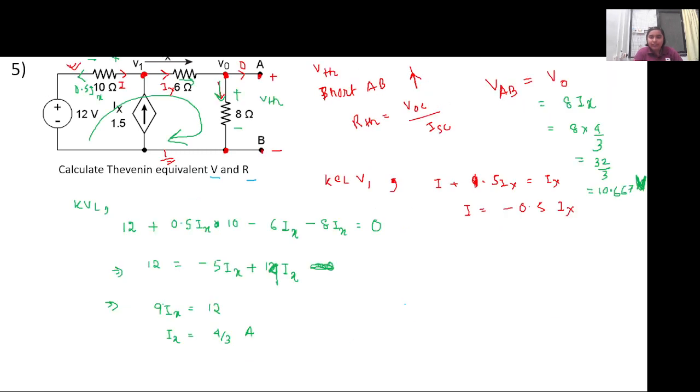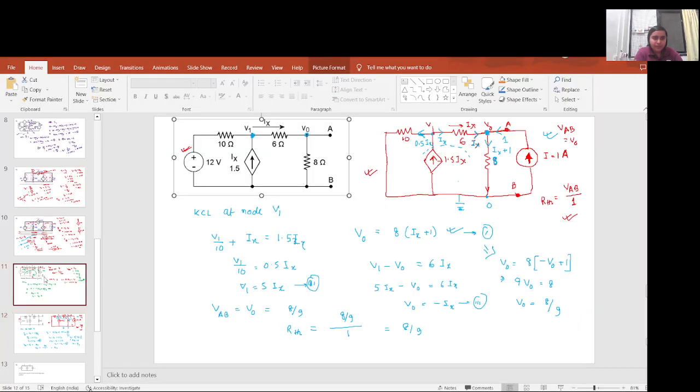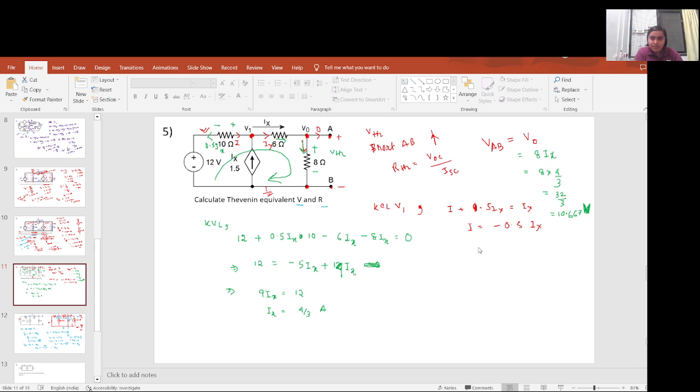Did we calculate the VThevenin? No, right? Let me just check. In the previous one, yes, we had calculated VAB.